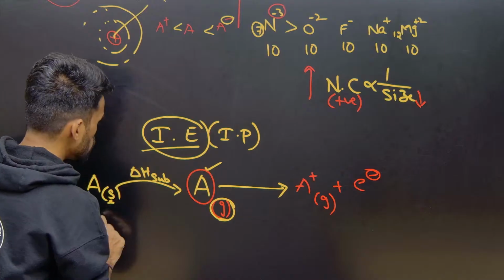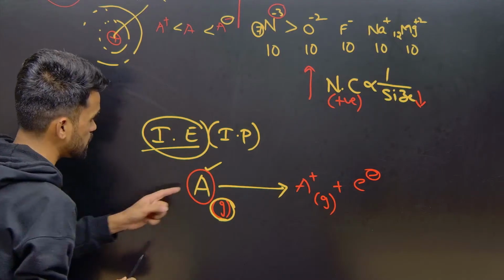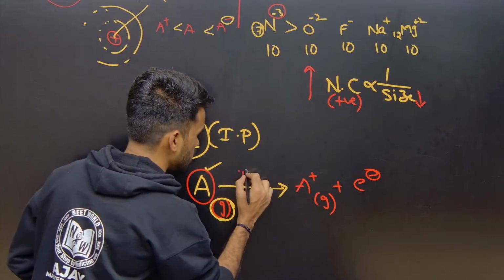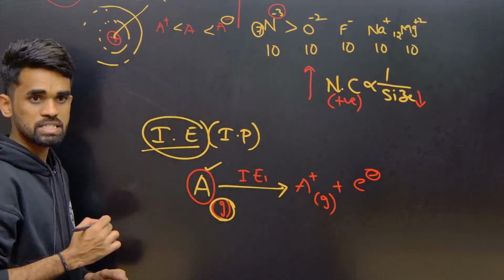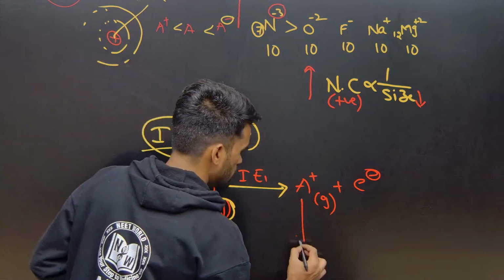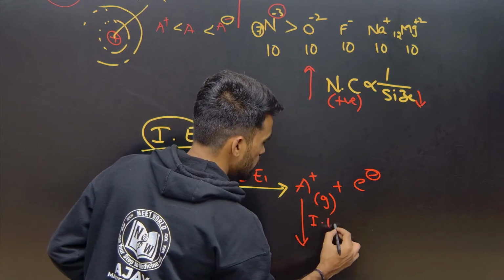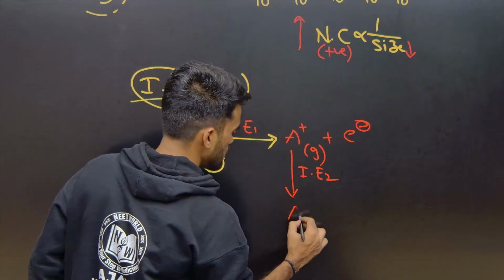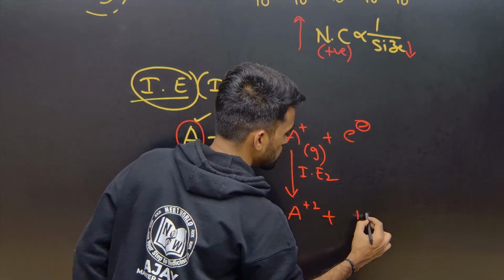Yes. So if I remove one electron from this atom, it becomes a unipositive ion. This process I can call IE1, first ionization energy. If I remove an electron from here, it becomes A 2 plus, IE2, second ionization energy, as one more electron is removed.